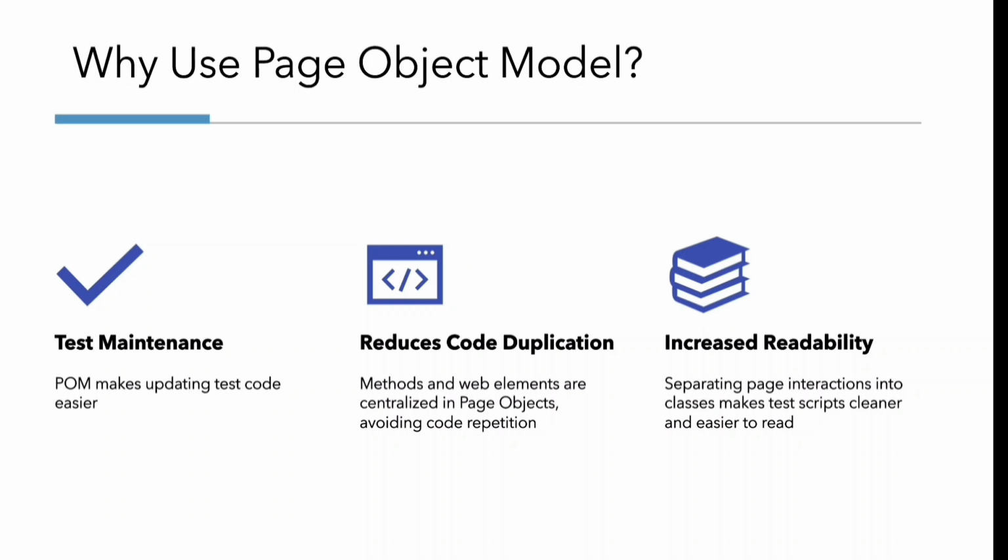Through that we can avoid code repetition. Instead of duplicating the code, we write a single piece of code and just call the same thing. That is very helpful, and our code will be very small. We don't need to write the same code again and again.